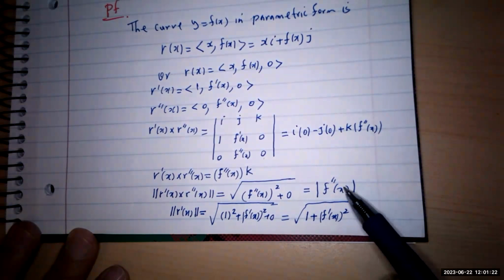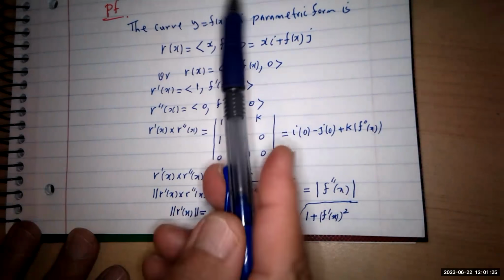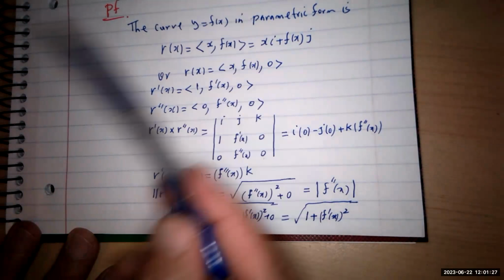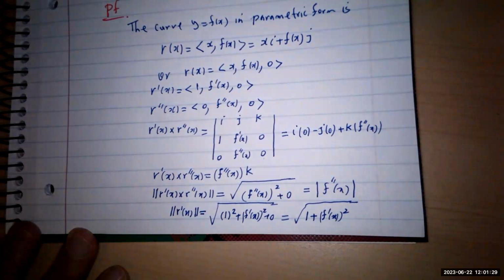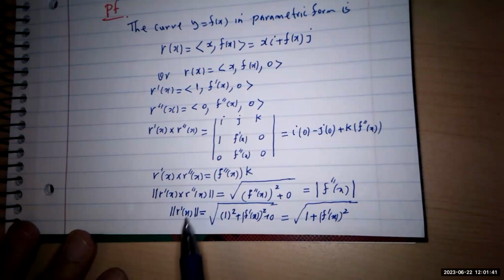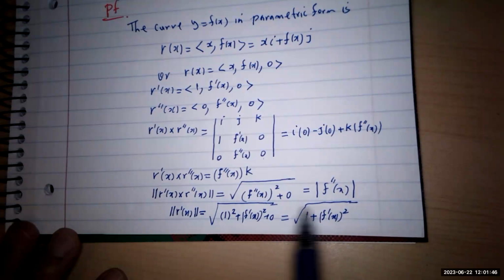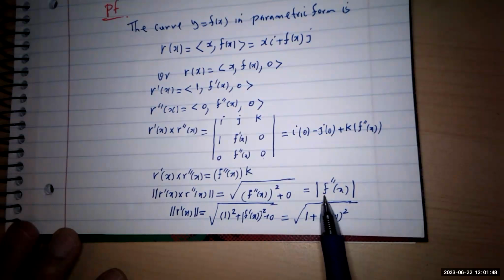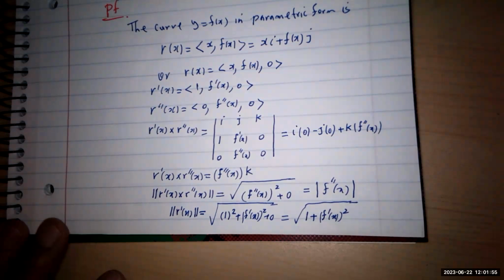If you divide the first one by the second one, we get your formula right away. Remember the formula for the curvature: we get the top one divided by the norm of r prime of x cubed. So the top would be the absolute value of f double prime of x. The bottom one would be this one cubed, which we change to the 3/2 power. So I put it over here.